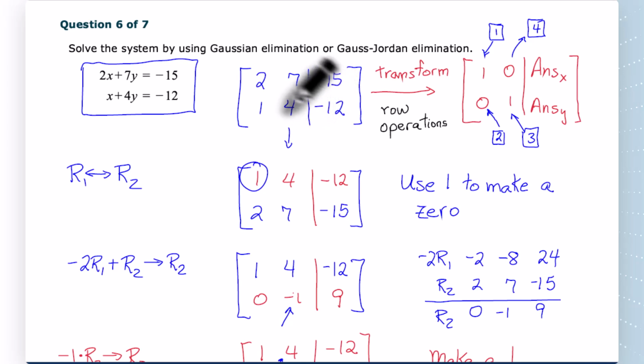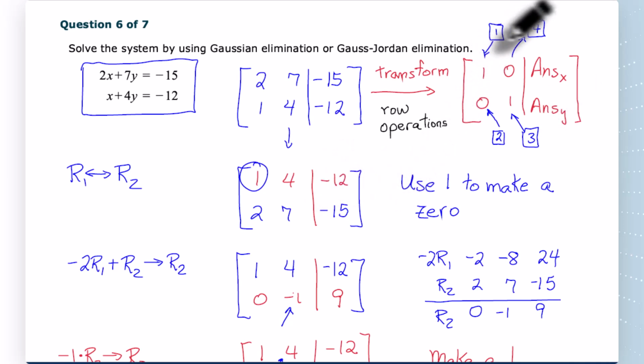My goal is to do some row operations to it. I'd like to make it look like 1, 0, 1, 0. And if I can do that, then I'm going to automatically get the answer for x and the answer for y.